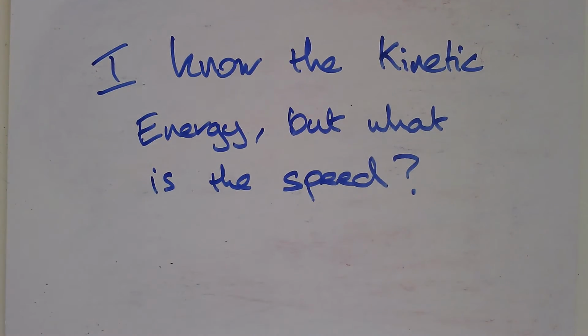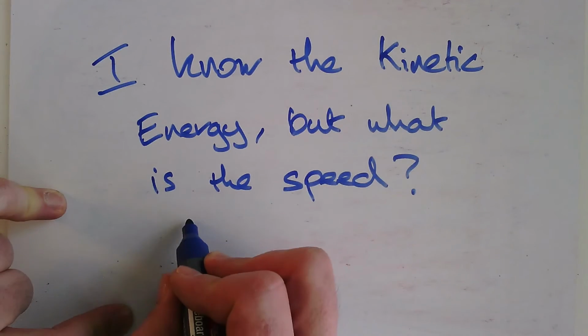If you're after the top marks in the kinetic energy equation, or the exam board are looking to really stretch you, they will go with a question where they give you the kinetic energy, but they ask you to find out the speed of the object.